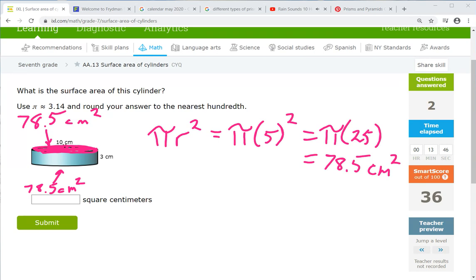Okay, so to get both of them together, 78.5 times 2, which is 157. 157 square centimeters. This is square centimeters, this is dimensionless, so we get square centimeters as our answer. But then we also have to do this part of the cylinder, which is a rectangle.